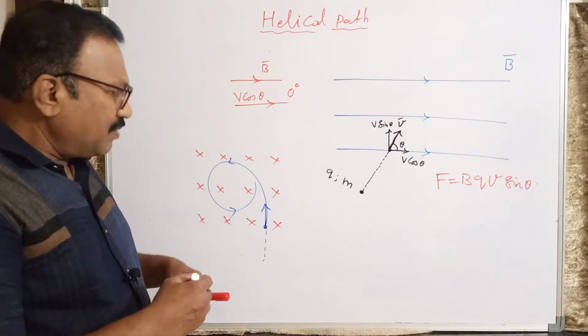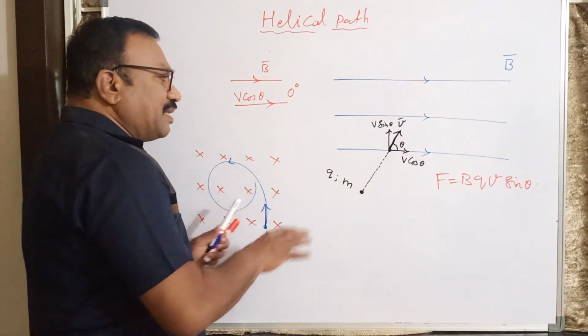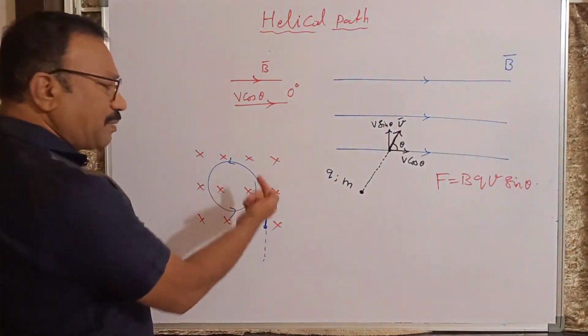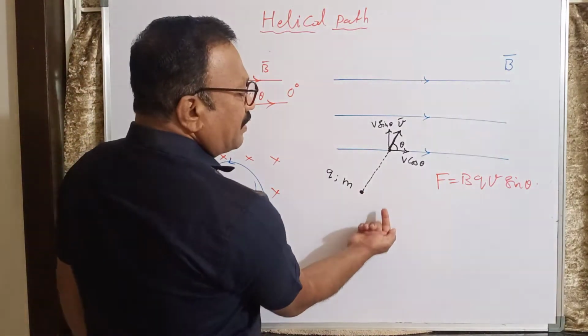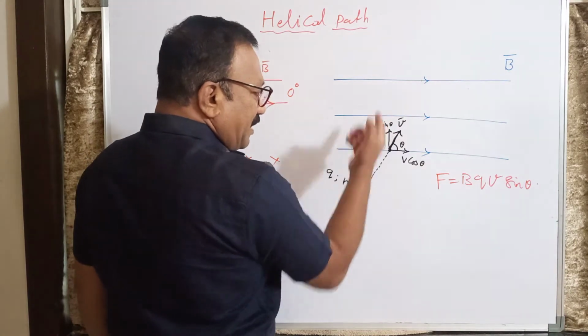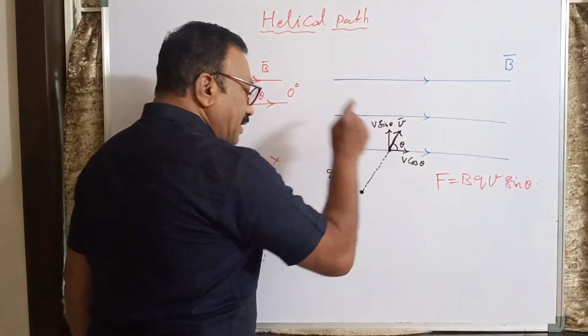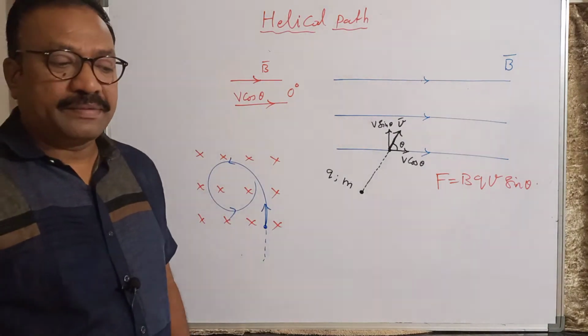Here also, the magnetic field is not inward but along the x-axis, and the particle is entering perpendicular to the magnetic field. Here V sin theta is perpendicular to the magnetic field. Therefore, this V sin theta must cause a circular motion.